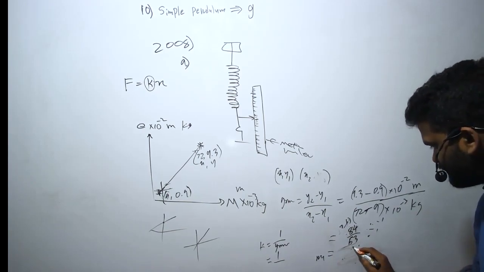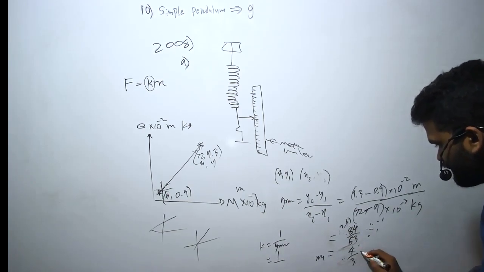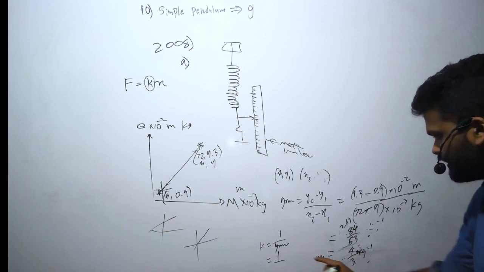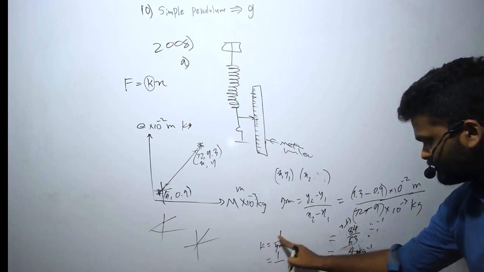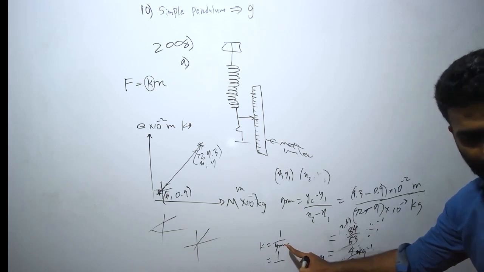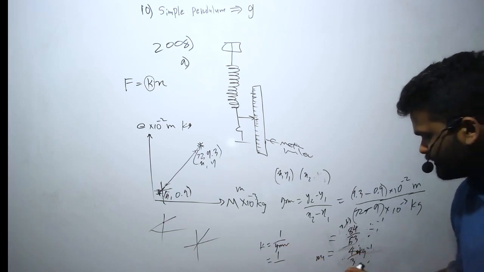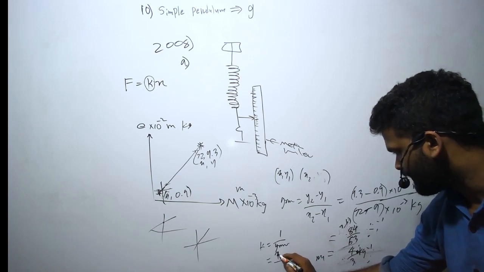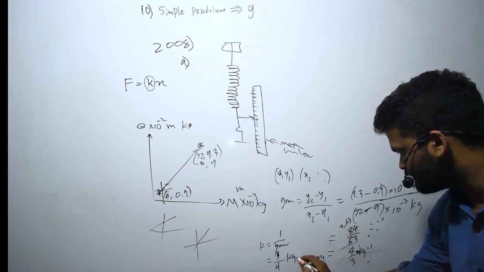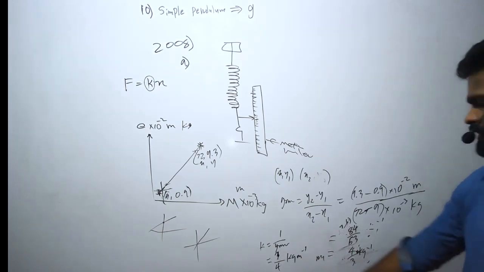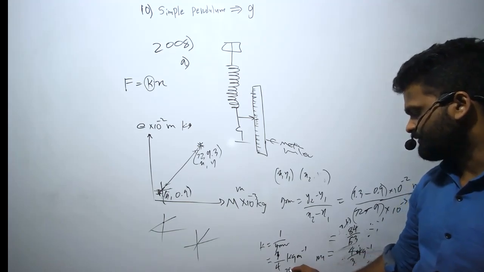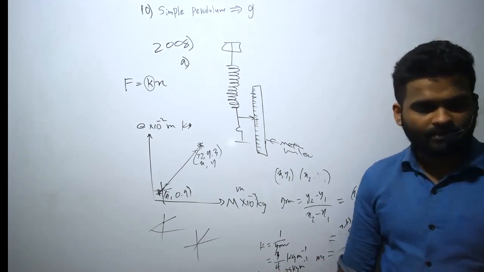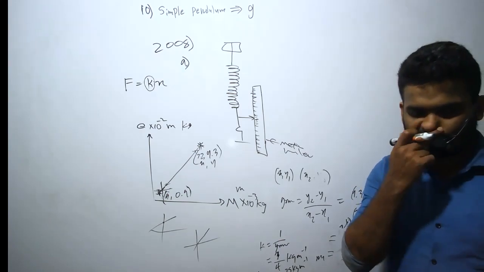So you get 4 over 3 kilograms per meter. Here spring constant is 1 over gradient, meaning 4 over 3. So you get 3 over 4 kilograms per meter, which is 0.75 kilograms per meter. So this is the spring constant, 0.75 kilograms per meter.